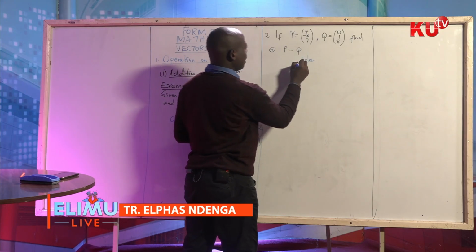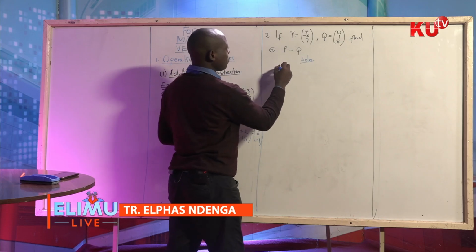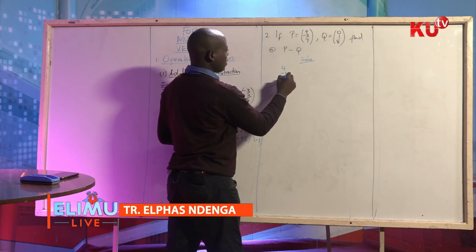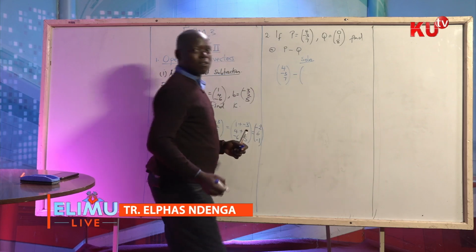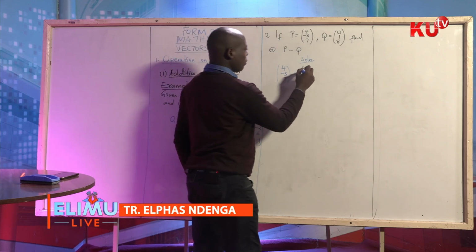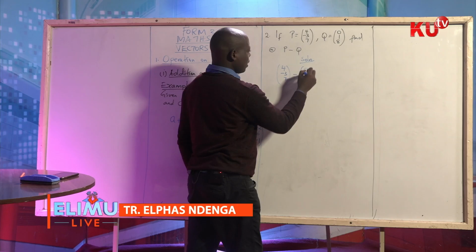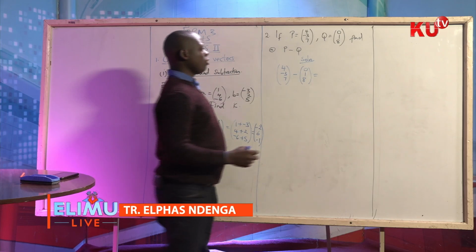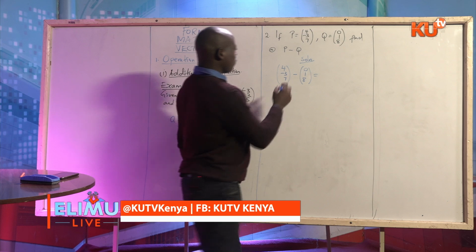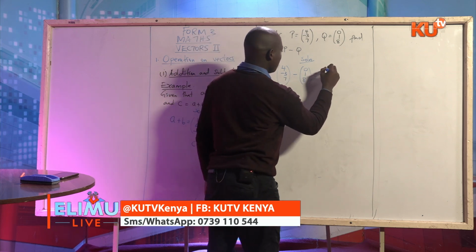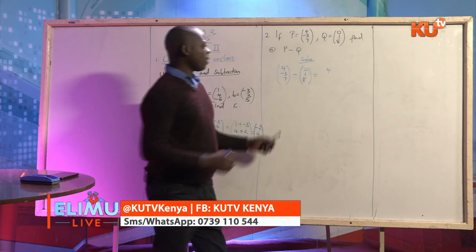And then highlight P, which is 4, negative 3, 7, and then subtract Q. What is Q, students? Right. Q is 0, 1, and 8. So, students, what is 4 less 0? It's 4, right?